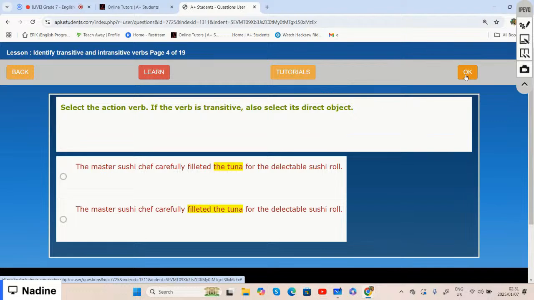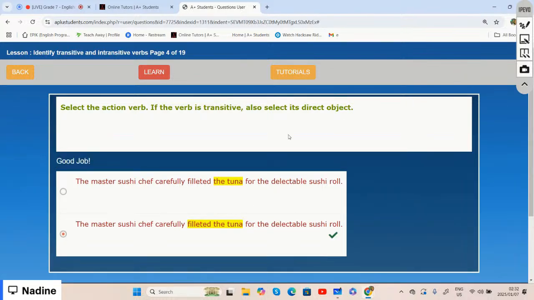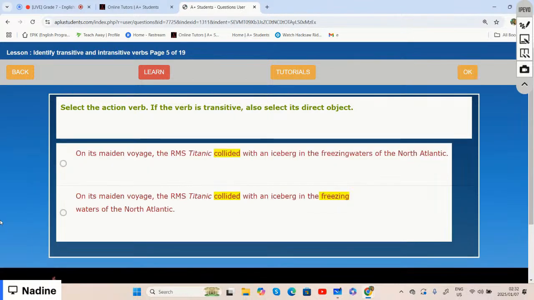All right, and if we were to choose the correct option, we'll go with option two, filleted the tuna. Yes, so filleted the tuna is correct.